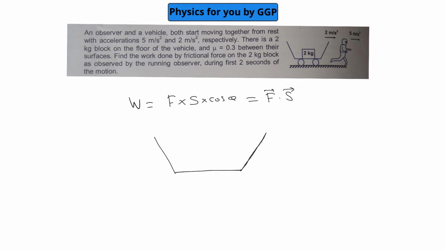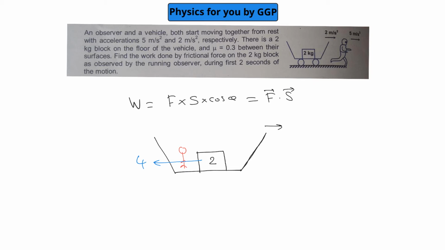So over here just assume that an observer is on the car and this observer is in a frame of reference which is moving with acceleration which is given as 2 meter per second square. So we can say that there will be a pseudo force acting on the block towards left with respect to an observer on the accelerating frame of reference, and that pseudo force is equal to mass into acceleration of the reference frame, that is 4.